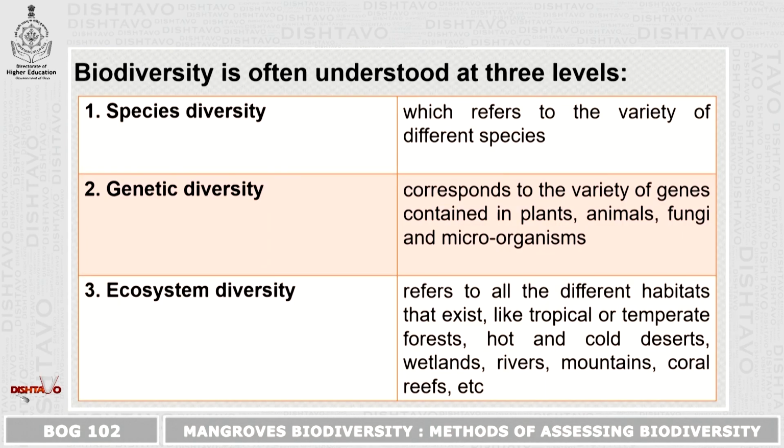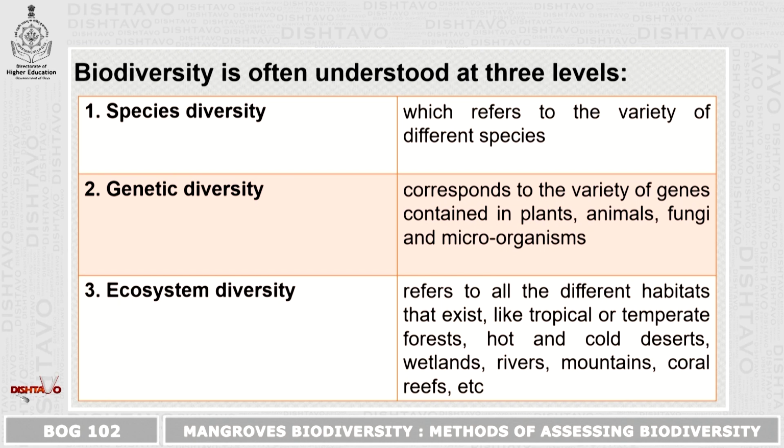Biodiversity is often understood at three different levels. First is species diversity, then genetic diversity, and then ecosystem diversity. In species diversity, we refer to the variety of different species. These different species can be any kind of species.